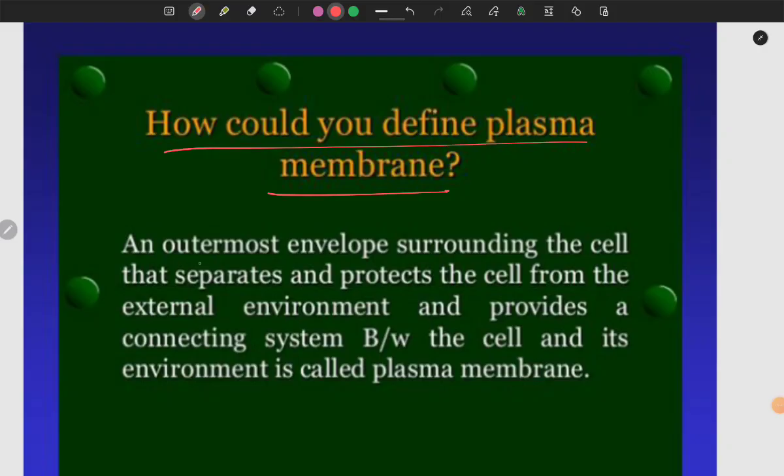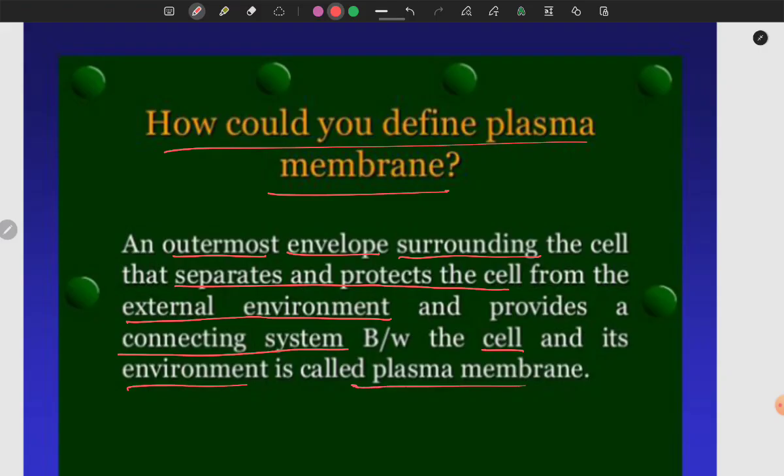It is the outermost envelope surrounding the cell that separates and protects the cell from the external environment and provides a connecting system between the cell and its environment is called the plasma membrane. You can form your own definition, but you must include these words which are very important, and these are the building blocks of the plasma membrane. Thank you.